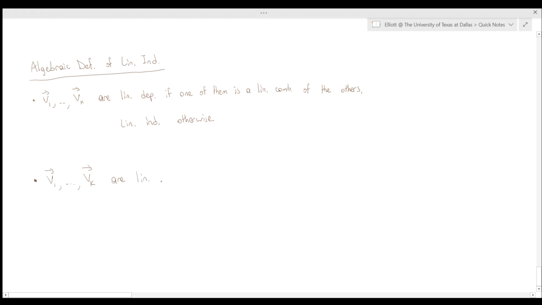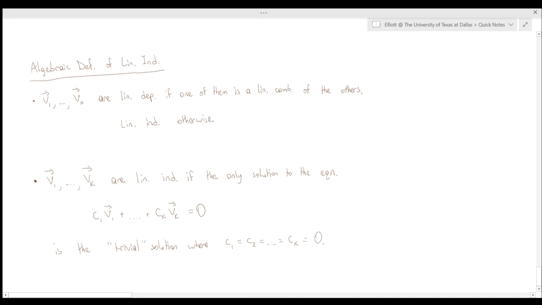Vectors are linearly independent if the only solution to the equation C1V1 plus down to CkVk equals 0 is what people often call the trivial solution, where all of the scalars are equal to 0. This is a 0 vector.